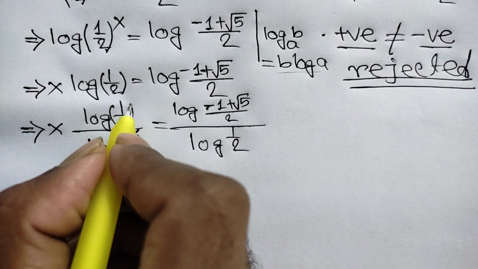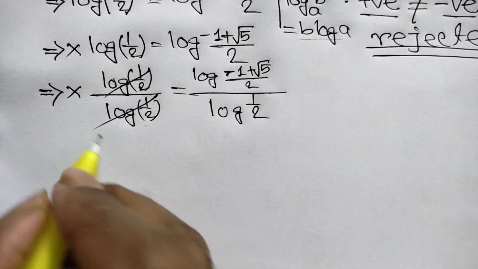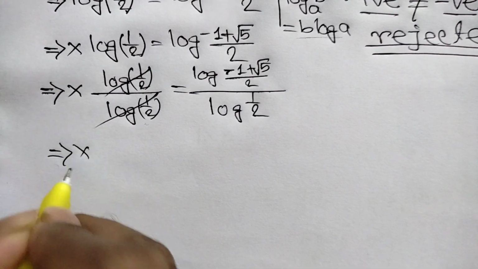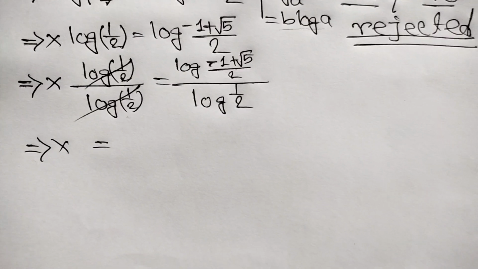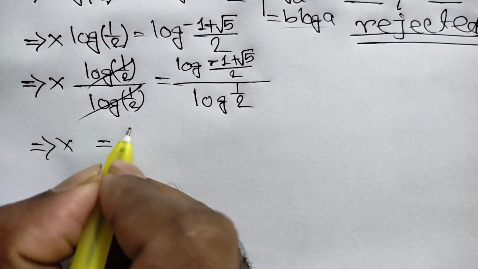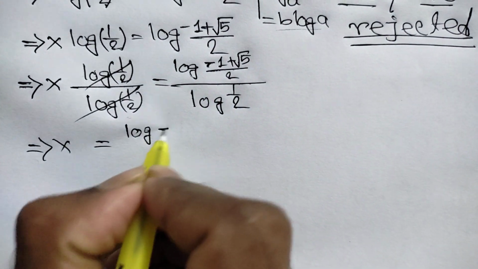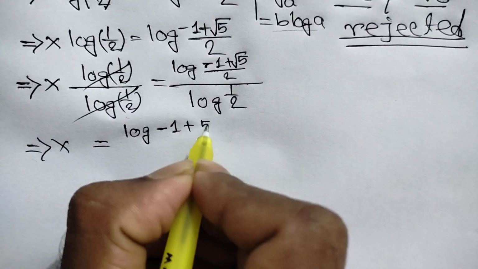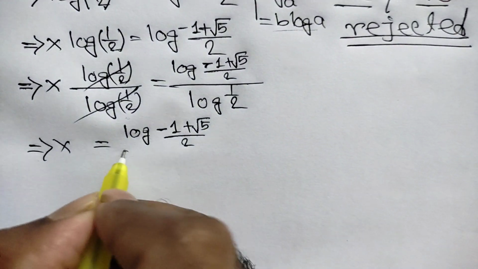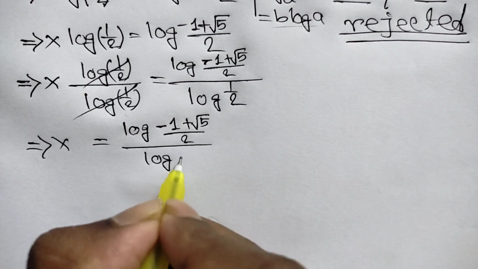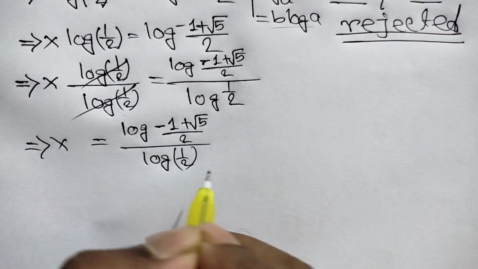This log 1 over 2 cancels out this log 1 over 2, so x is equal to log of minus 1 plus square root of 5 over 2 over log 1 over 2.